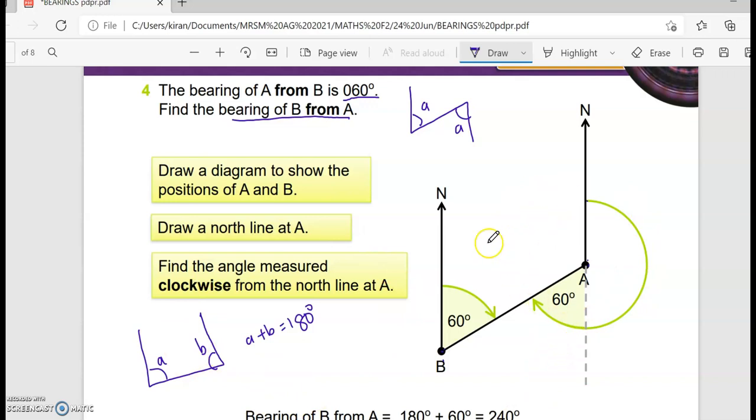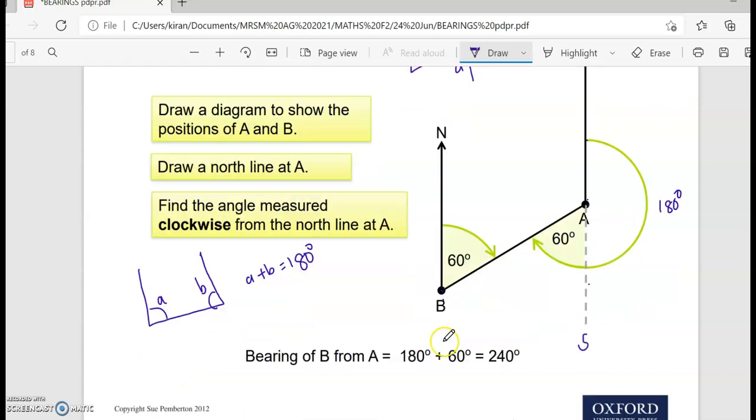Okay, so here you get 60. So we draw, we extend this line, and automatically this line will be a straight line because this is a compass with directions north and south. Okay, so 60 degrees, this one also 60 degrees. Since this one is a straight line, 180.